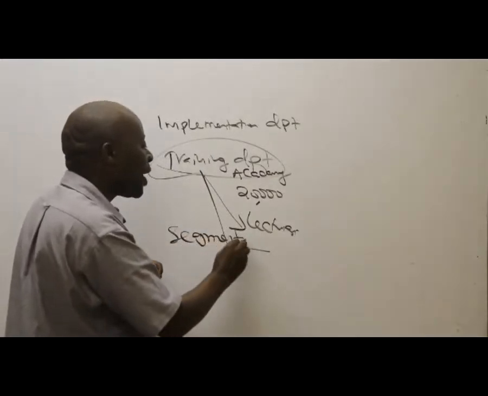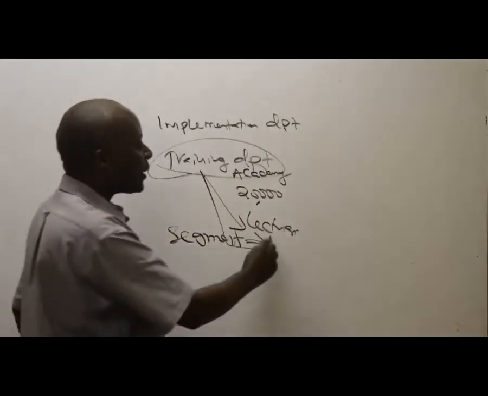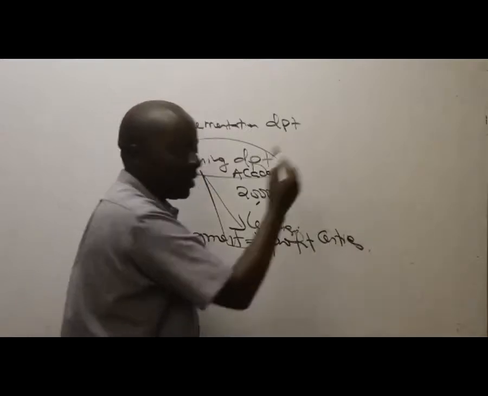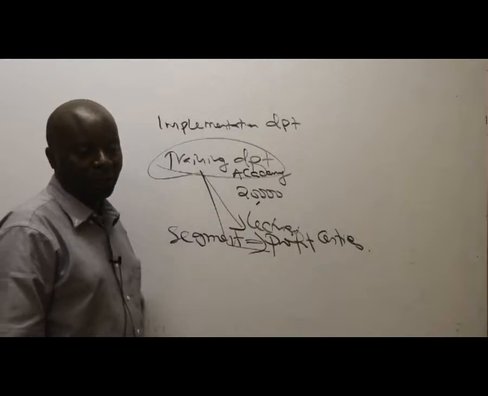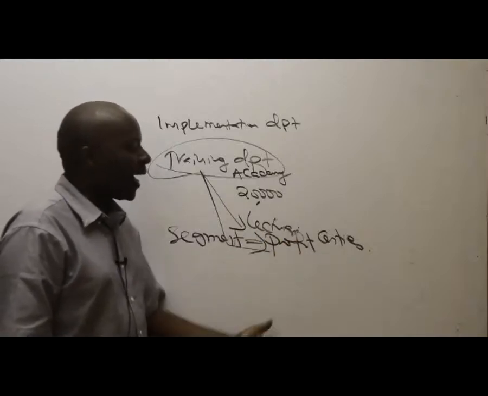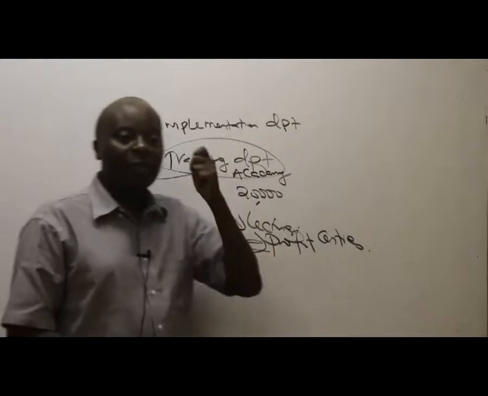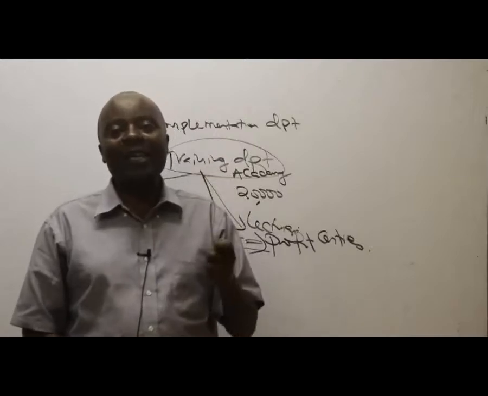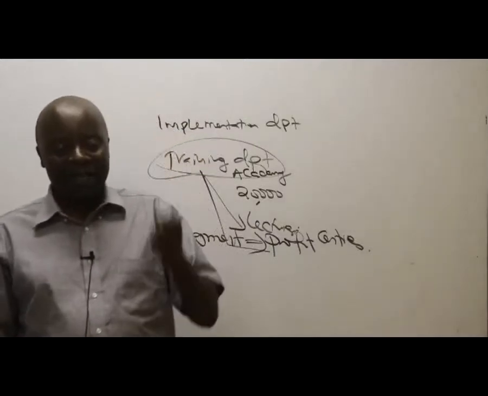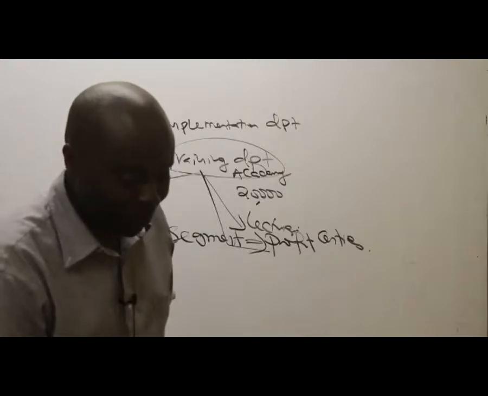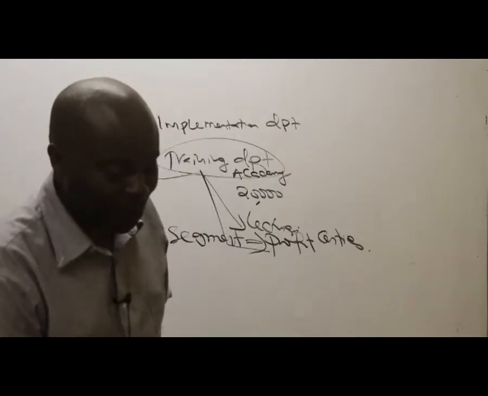For those of you doing advanced management accounting, our segments are supposed to be profit centers. They're bringing revenue, we are incurring cost, and then we have the concept of the chief decision maker, or chief decision making organ. Ladies and gentlemen, we continue with this. Those theories are very important to you. You'll be able to see them when you go to your past papers.